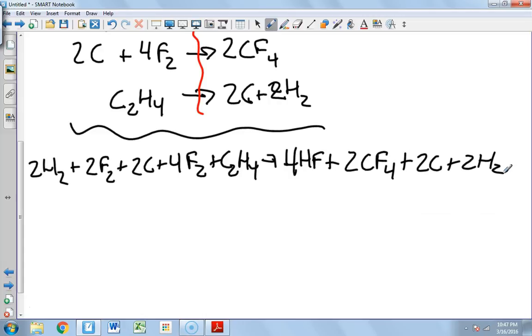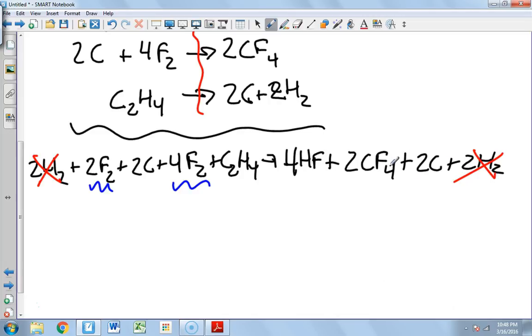Now we're going to combine things that are similar and cancel things that are on opposite sides of the equation, and combine things that are on the same side. Here we have an F2 and here we have an F2. There's 2 and 4, so that's 6F2. Here we have 2H2, which cancels out those 2H2.